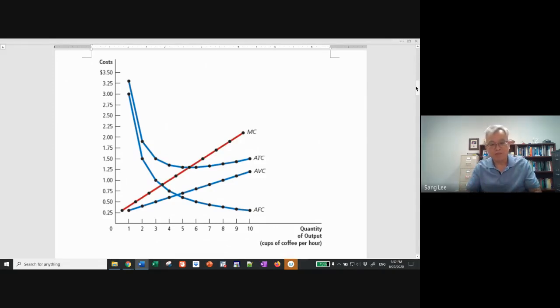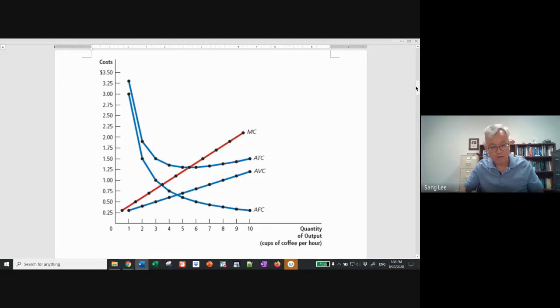First, look at the average fixed cost. We confirmed just a minute ago that average fixed cost is always declining as more and more output is produced. So what do you see here? This average fixed cost curve is almost like an L shape, and it never rises again.